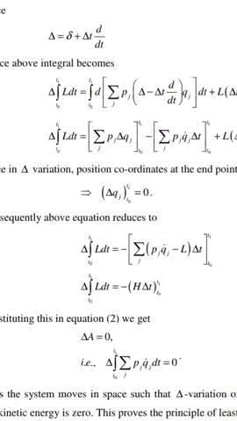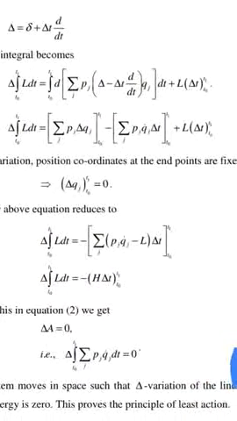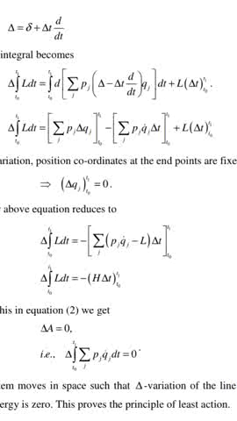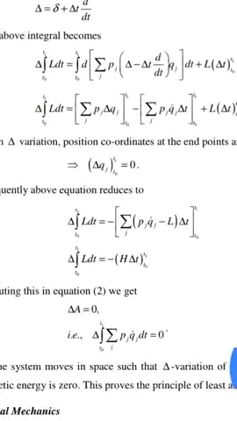Del integration of t0 to t1 L dt is equal to pj delta qj, t0 to t1, minus pj dot del qj dot delta t, t0 to t1, plus L delta t, t0 to t1.